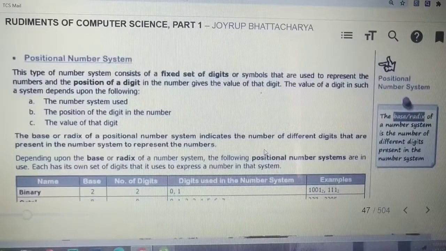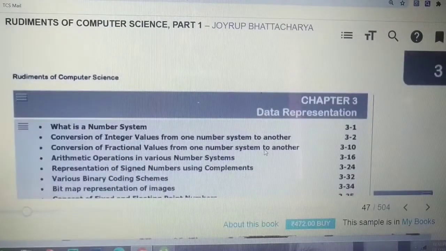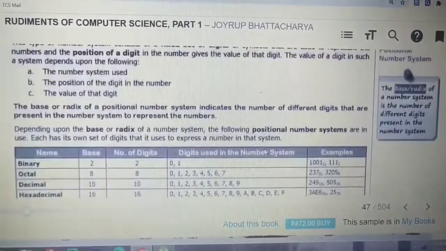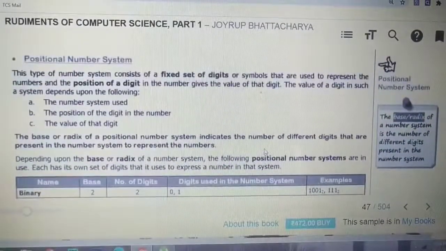This type of number system consists of a fixed set of digits or symbols used to represent the number. The actual value of a digit in such a system depends upon three factors: the number system used, the position of the digit in the number, and the value of the digit.